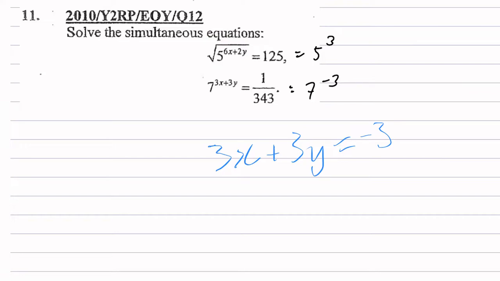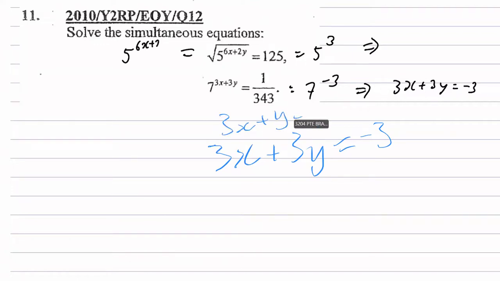The denominator part. This implies, square root means you have power half, so 3x plus y equals 3. Divide by 2. 3x plus y equals 3. Okay, you got it.